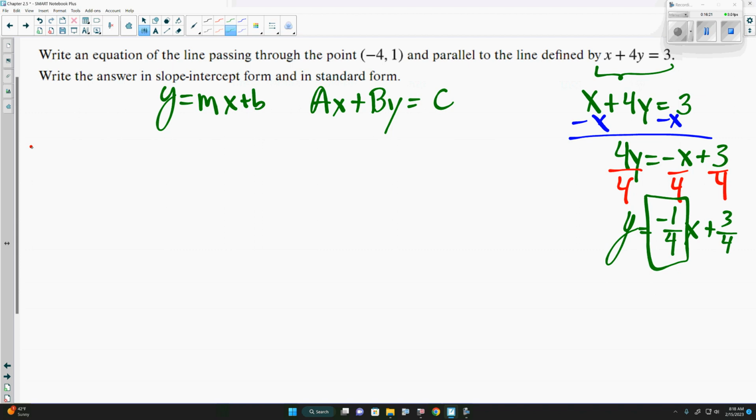Now the reason this is helpful is because we're trying to find the line parallel to it, which means our slope for our new line is negative 1/4. And it passes through the point negative 4, 1.